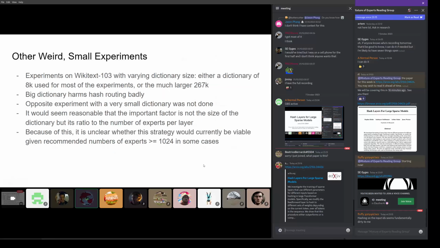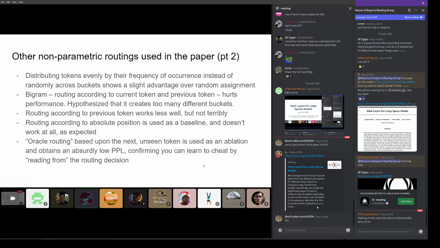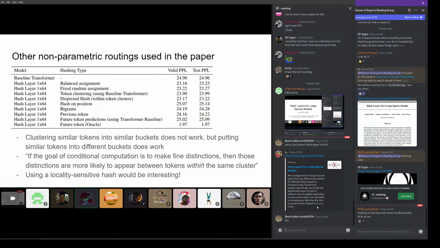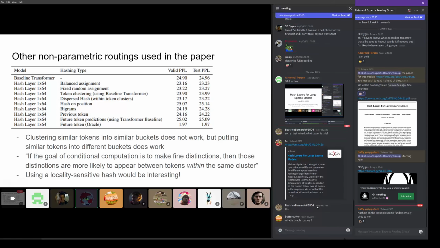There are a lot of decisions and observations that have been stated in the last 3 slides that I wonder if they will hold up for increased scale. The first thing I noted is that clustering similar tokens does not work and actually leads to worse performance than trying to separate out the similar tokens as far as possible into different buckets.